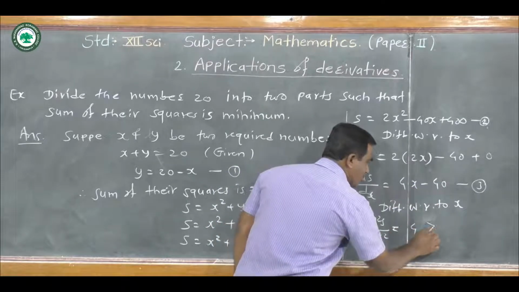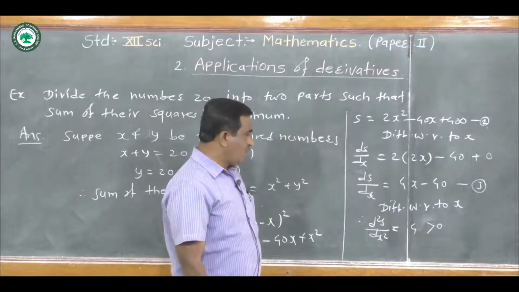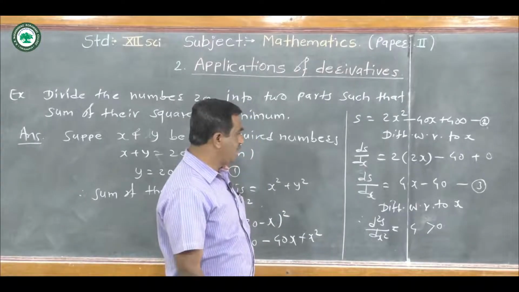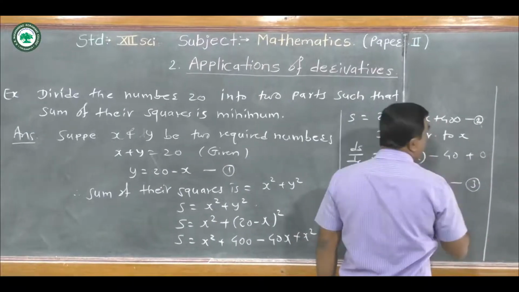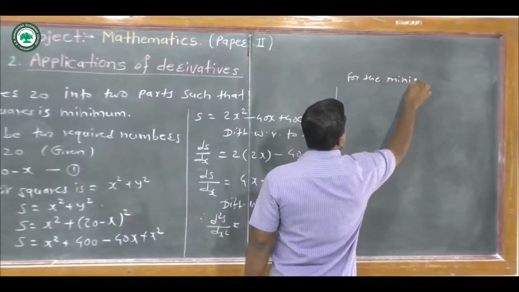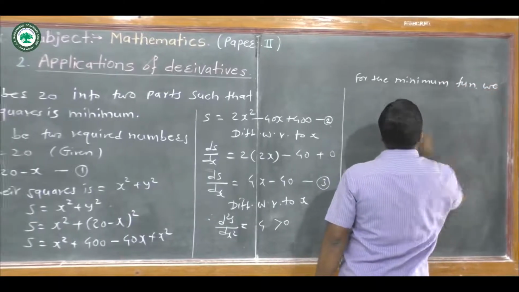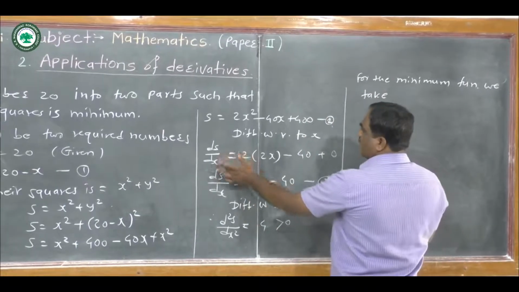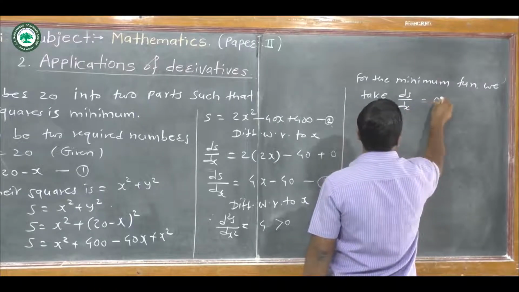Now this is greater than 0. Therefore, the function is minimum, and we have to find the value of x here. For the minimum function, we take the first derivative, that is dS by dx is equal to 0.